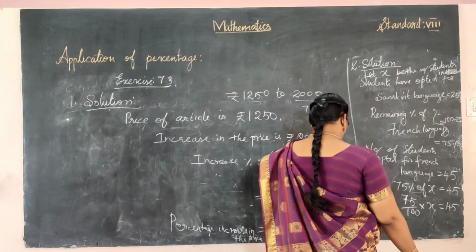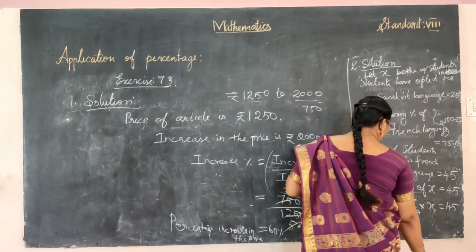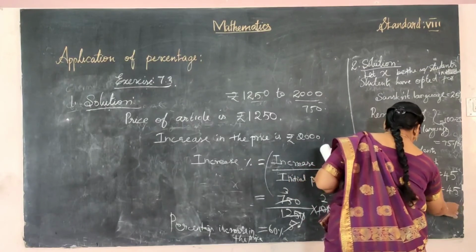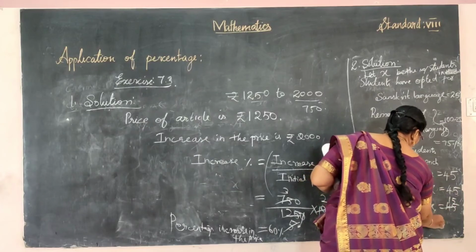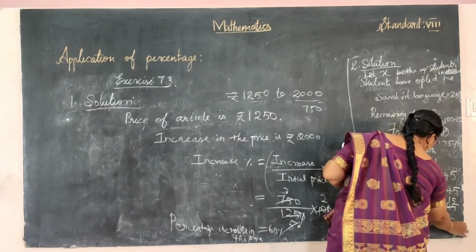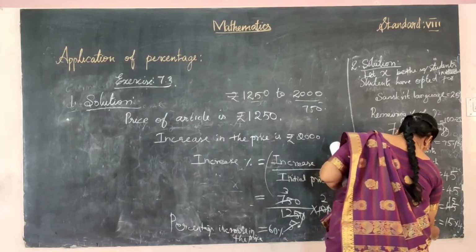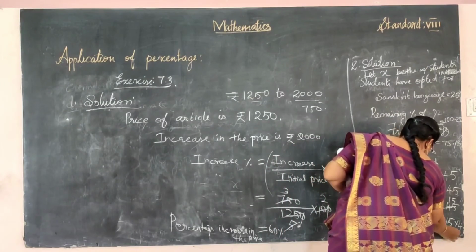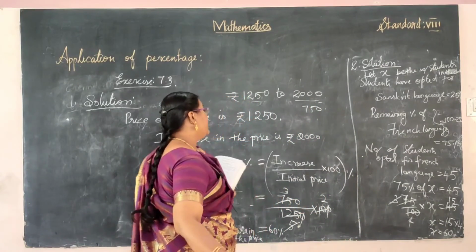Now simplify. 3 25s are 4, and then it also cancels, 15 3s are. Now cross multiply, x equal to 15 into 4, 15 4s are 60. So x equal to 60. Thus the number of students in a class is equal to 60.